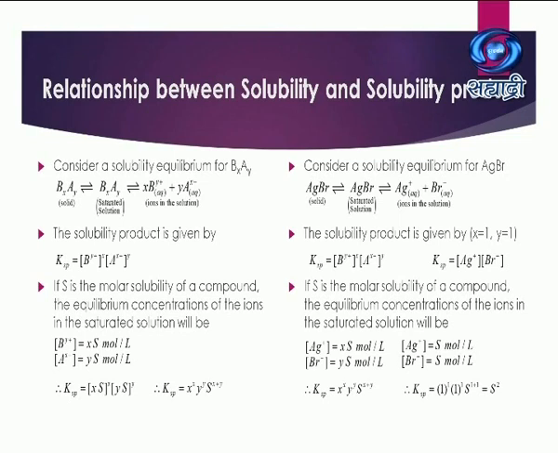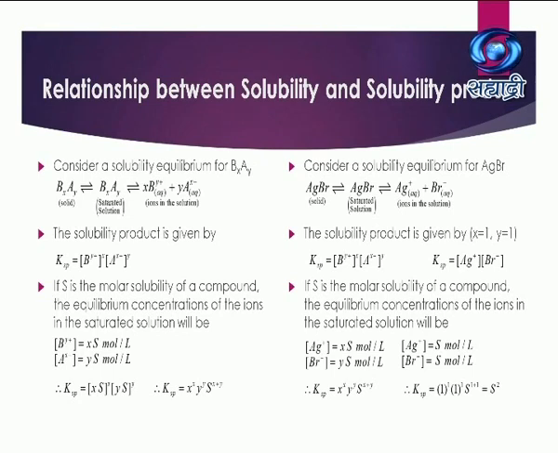Now if S is the molar solubility of the compound, then the equilibrium concentrations of the ions in the saturated solution will be, for the cation, x into S moles per liter. Remember, according to the equation, x moles of cations are present. So if S is the molar solubility, I have to multiply by x. So the actual active mass of the cation is xS moles per liter.